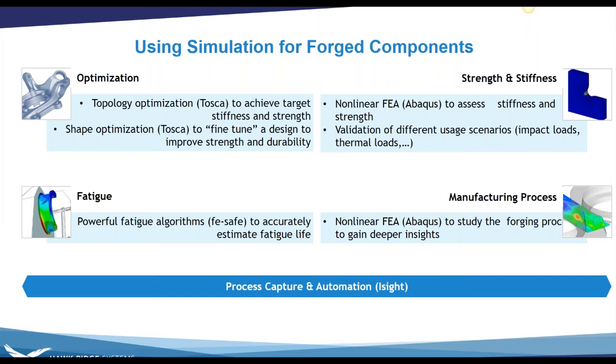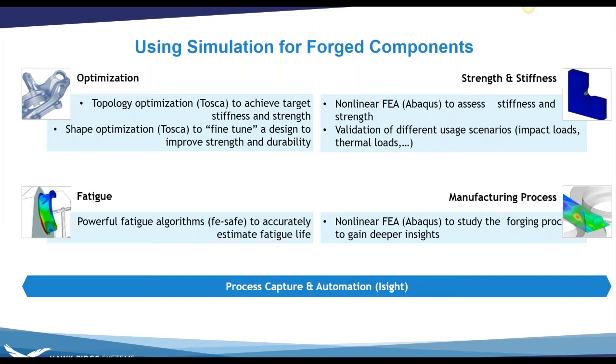So in this case, you consider the order that the part is loaded, whether you may have some low cycle event that induces some compressive stress that actually helps you on your cyclic fatigue, and you get a very detailed look at the fatigue life. Abaqus, of course, is used on the strength and stiffness side, as well as being able to simulate certain manufacturing processes.